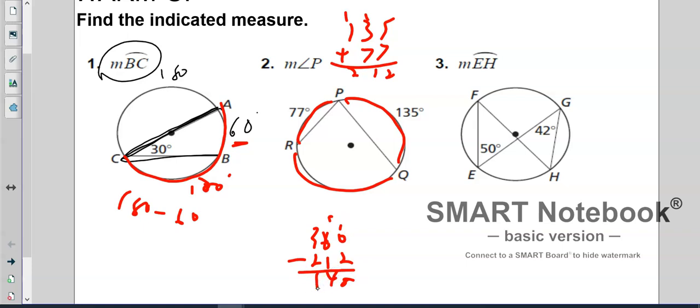So that's 148, right? So this is 148 degrees. That means this is half of that, which makes it 74.